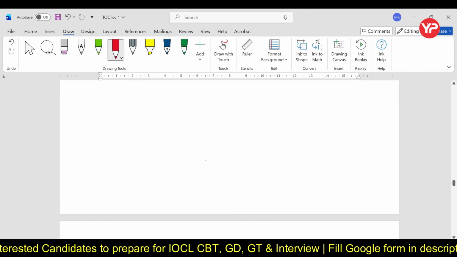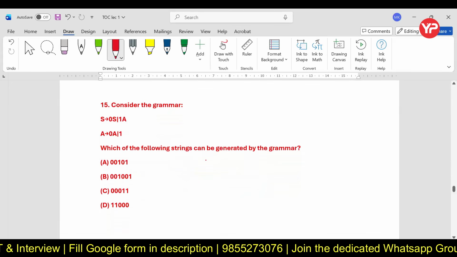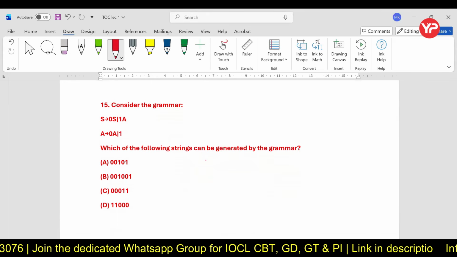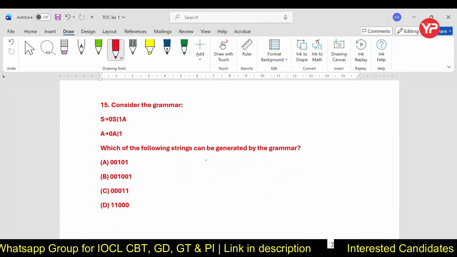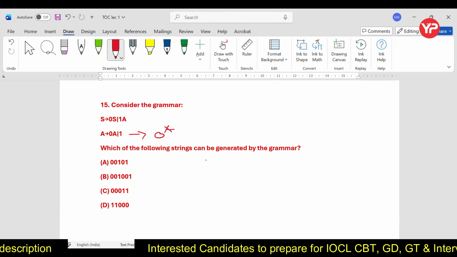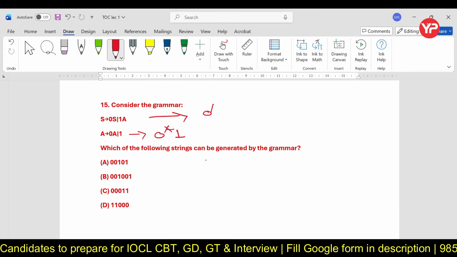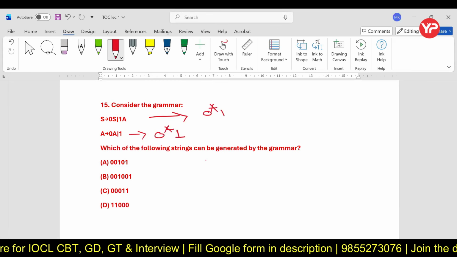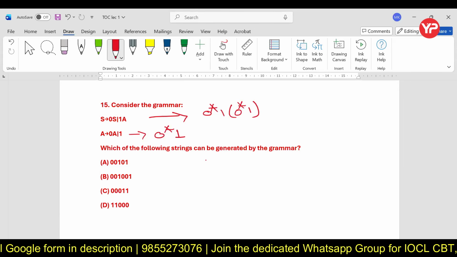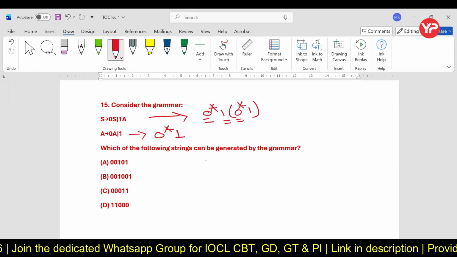Next, the last one. Consider the grammar. Which of the following strings is generated by the grammar? See, again the same. It generates 0*1, and this one generates 0*, then 1A, so 1 and A gives 0*1. Now 0 0 1, 0 1, 0 0 1 0 1.